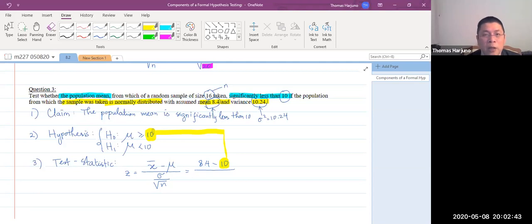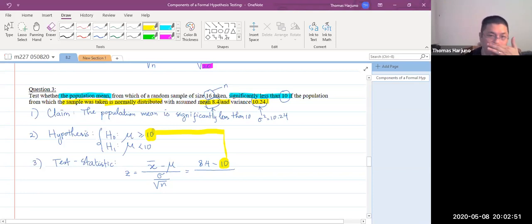Because they tell us the population is normally distributed with mean 8.4 and variance 10.24, by the way, if that's the variance, what is the standard deviation? That will be the square root of this.